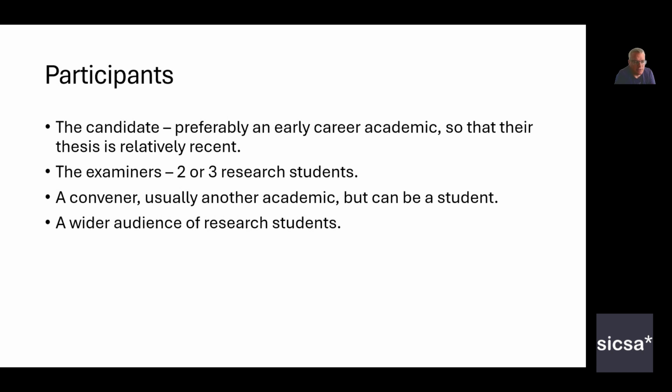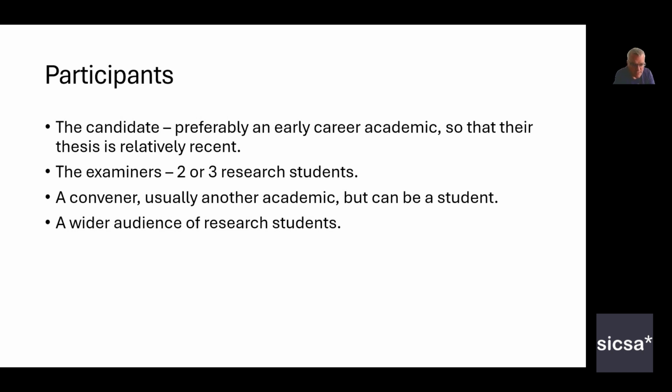So how do we run a reverse Viva? Well, first of all, we need a candidate, and we normally pick somebody who's an early career academic, so that their PhD thesis that has been accepted is relatively recent.